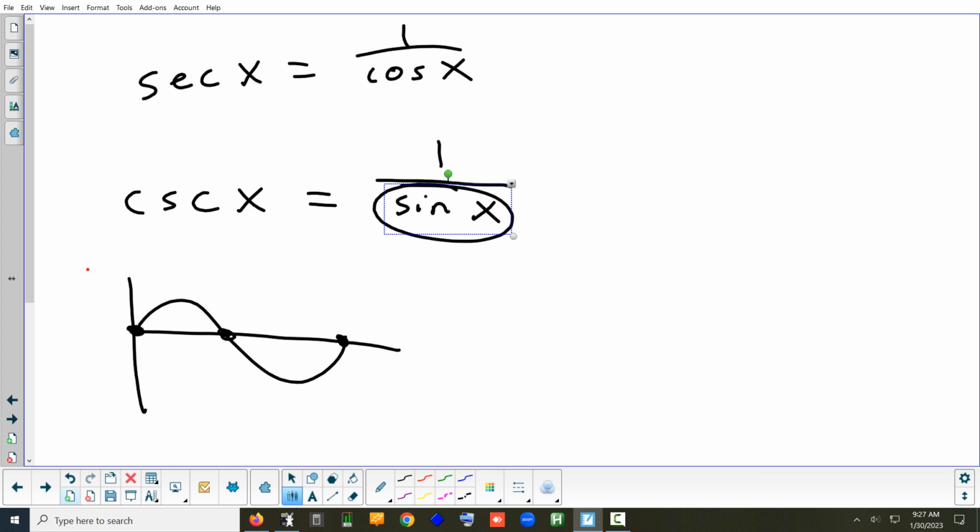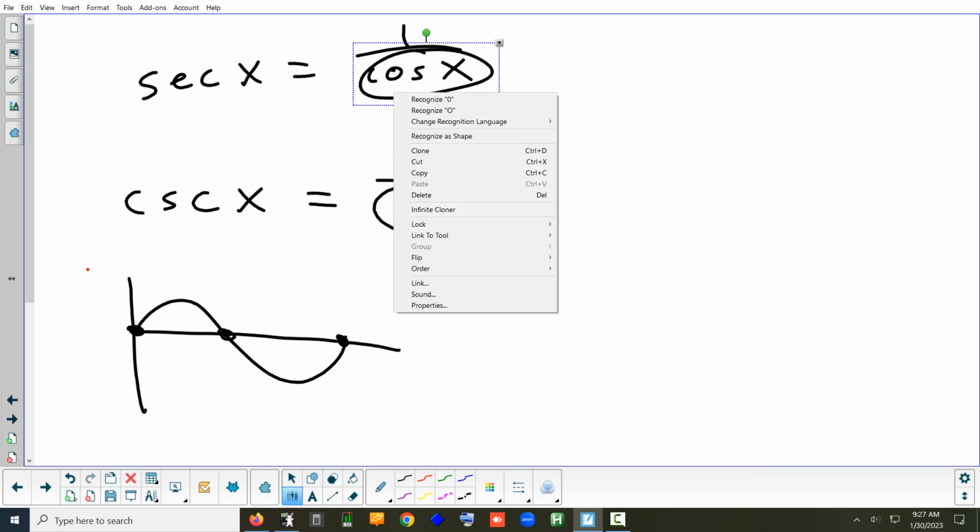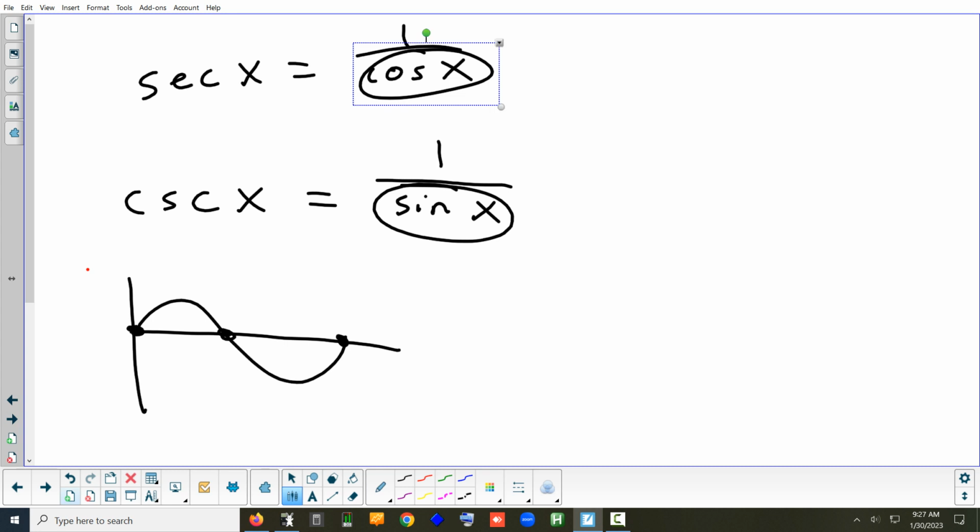Secant is 1 over cosine. Well, the graph of cosine also crosses the x-axis, which means there are points where this graph hits 0. And if that ever hits 0, and you try to graph it, you're going to end up with a fraction with 0 in the bottom, and you can't do that. That causes asymptotes in your graph.